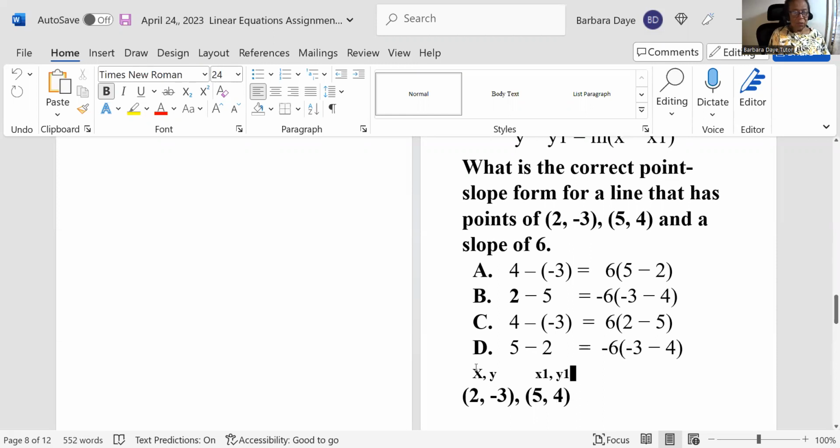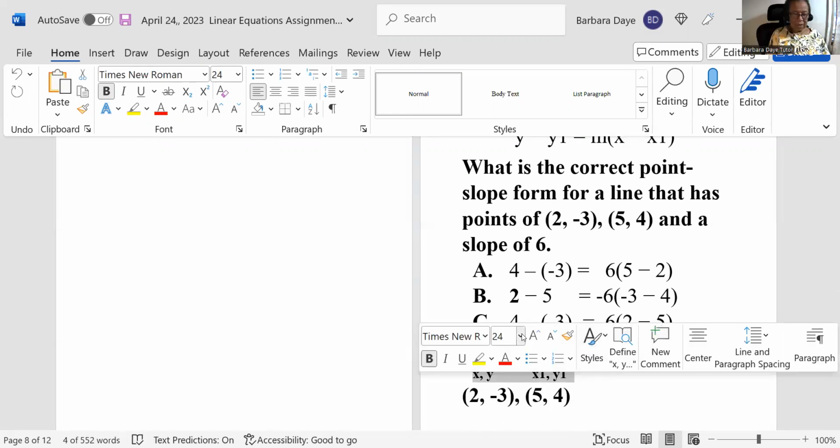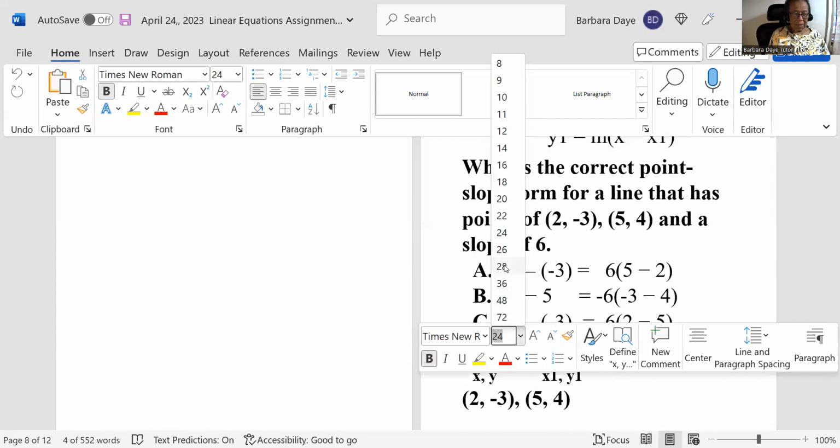So it's no different from the one we had before, except we had x1 and x2, but here it's just x and x1. You follow what I did here? 2 we call x, -3 is y, 5 is x1, and 4 is y1. Everybody with me?